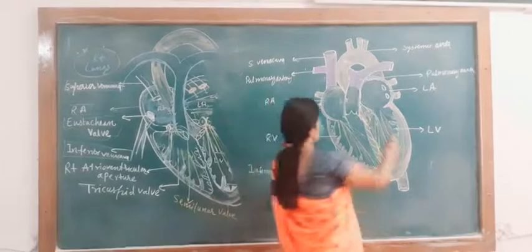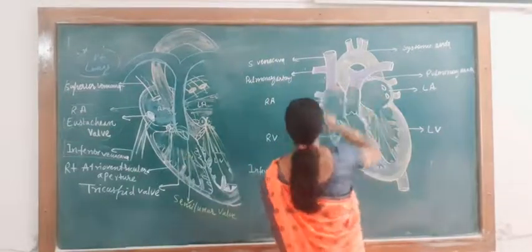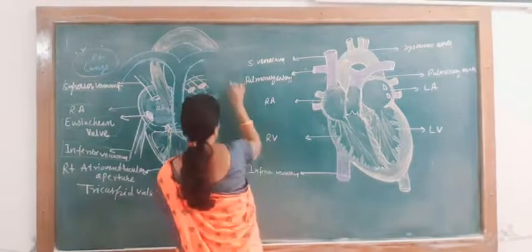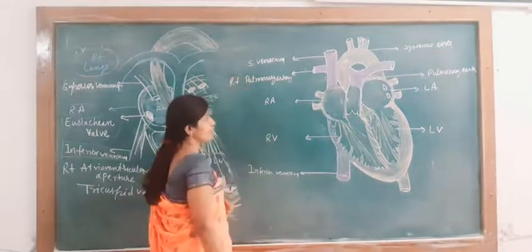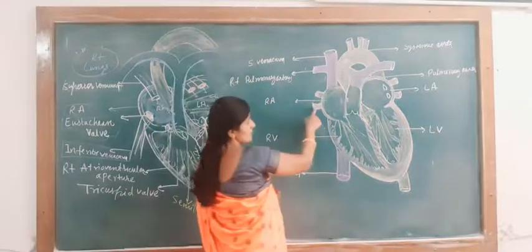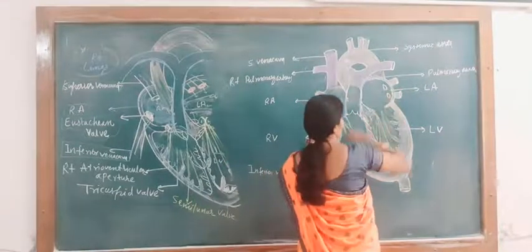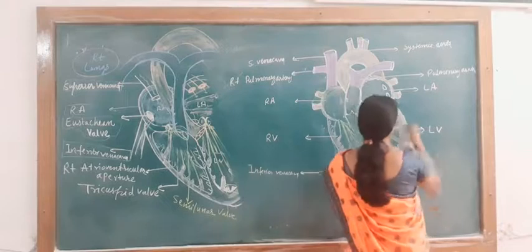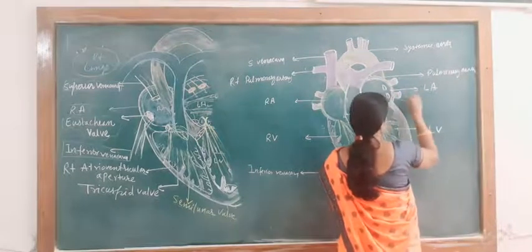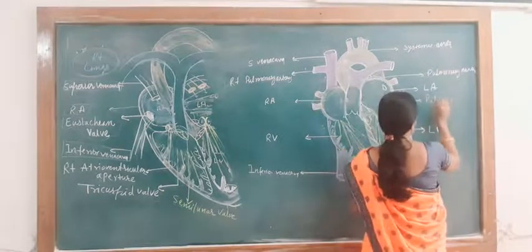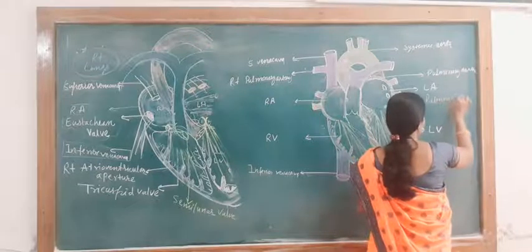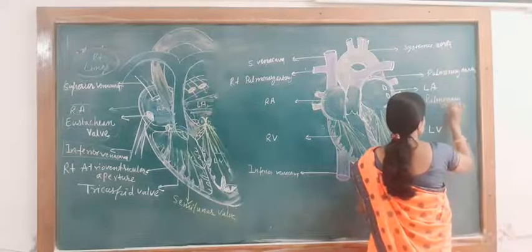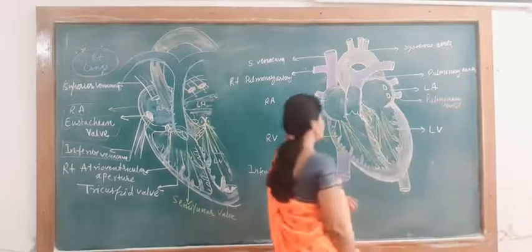This is also a pulmonary artery. This one is right, that is left. Right pulmonary artery. These two and these two are the pulmonary veins.